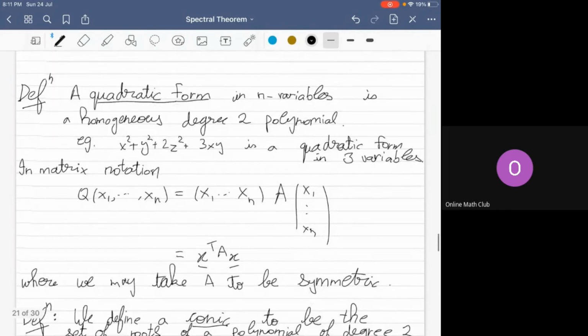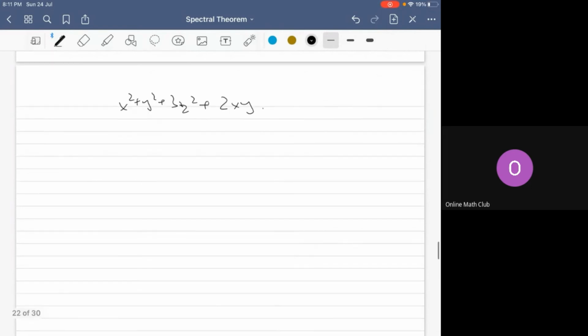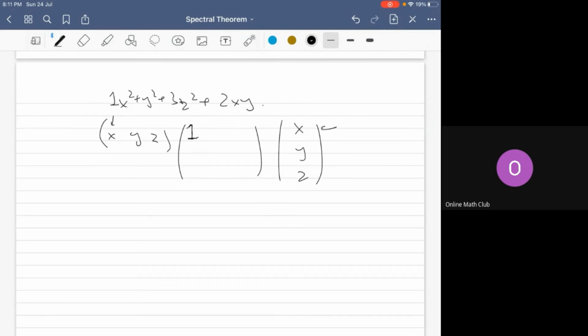Let's take the same example, x squared plus y squared plus 3z squared plus 2xy, and we can write this as (x, y, z) times a matrix, and on the diagonals the coefficient 1 would come here because this term selects the first column in here and the first row in here.